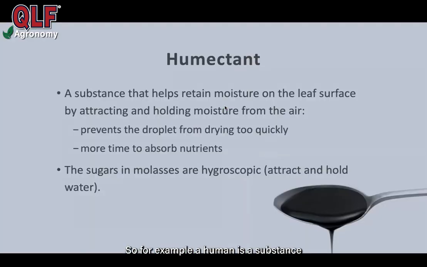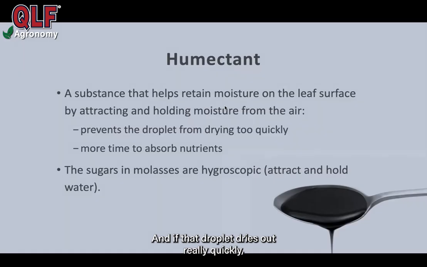So for example, a humectant is a substance that helps to retain moisture on that leaf surface, by attracting and holding moisture from the air. In essence, when those droplets land on the leaf, the quality of that droplet starts to determine how much time the foliar nutrients have to be absorbed.